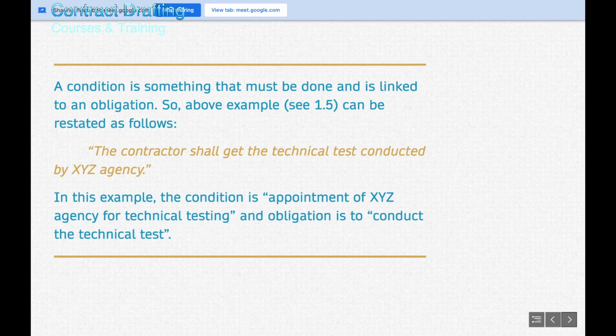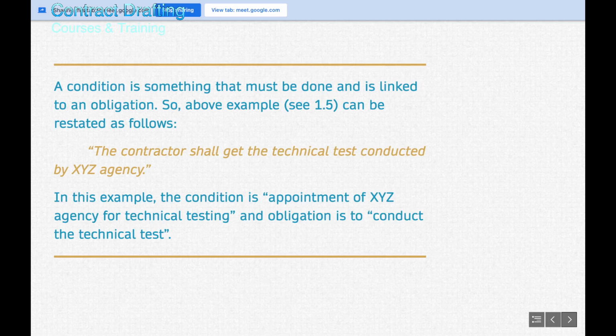So those conditions are interlinked with the obligation of a party. Unless those conditions get satisfied, the corresponding obligation does not get triggered. So it is important to ensure that conditions are clearly defined, what those conditions are, and if they do not get triggered, then what will be the consequence. So you also have to think about that.